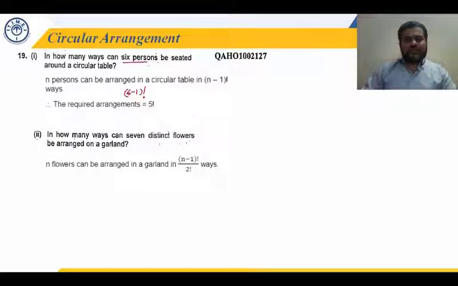Here anti-clockwise and clockwise arrangements will be counted as same. So how many flowers are there? 7. So we'll have 7 minus 1, which is 6 factorial divided by 2. The answer is 360. Fine. I hope these two problems are clear. This is a straightforward example of what we learned in the theory part of circular arrangement.